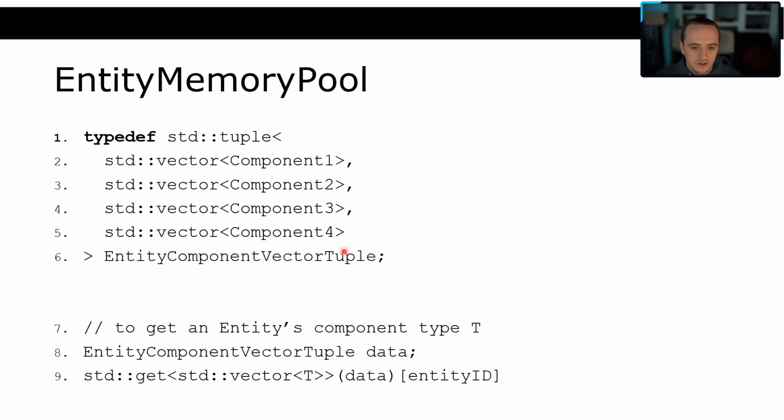In order to get the variable from inside the tuple, we can use standard get with the type. The type of component 3 is just standard vector component 3, so we pass that in. So if we want to get an entity's component type t, we can just say standard get standard vector t data. We pass that variable in, and then this returns the vector.